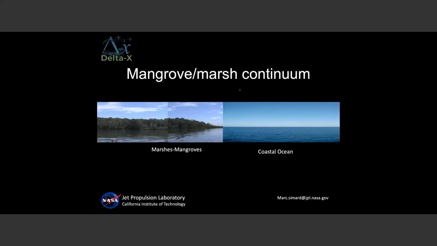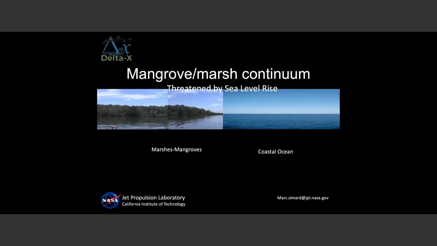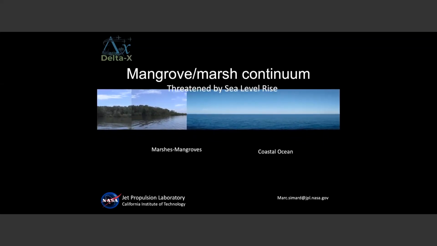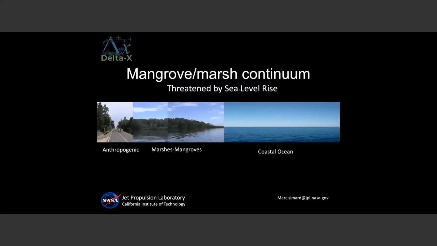These ecosystems are, of course, threatened by sea level rise, among other things like storm surges. To keep up with sea level rise, they can either rise with it, or they can go upland, inland. However, the issue is that typically you will have infrastructure in the back, which means they cannot go inland, and you have the squeeze between infrastructure and sea level rise.